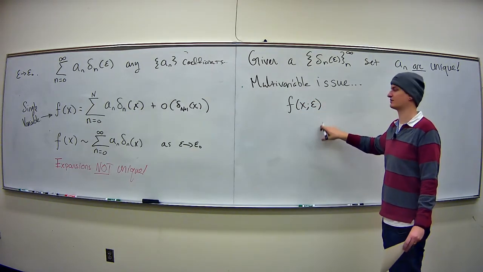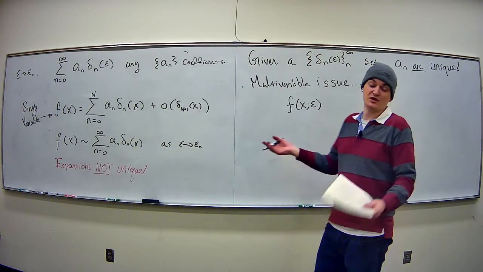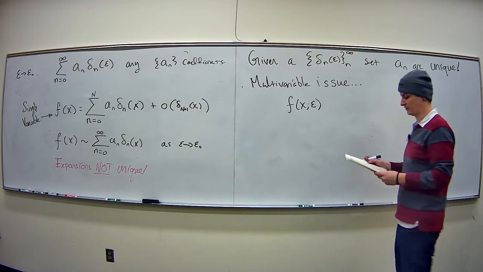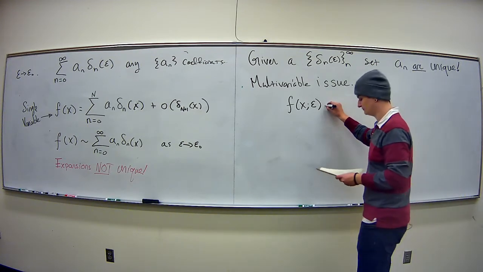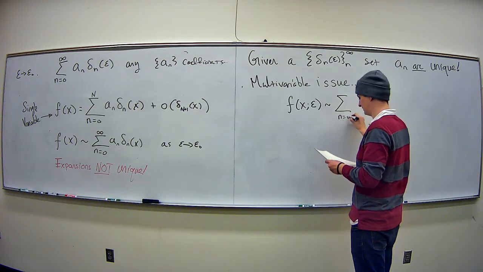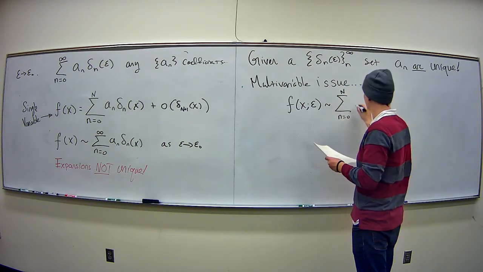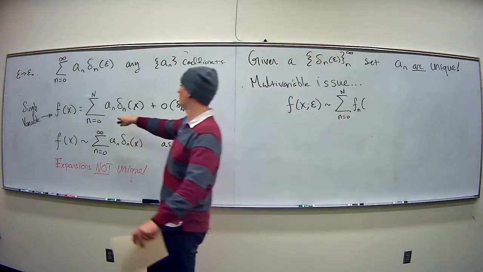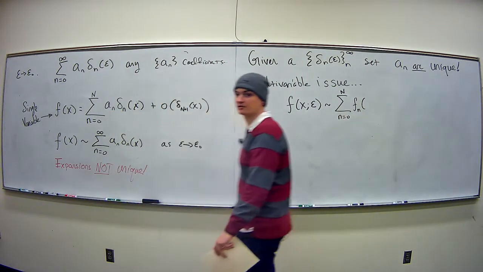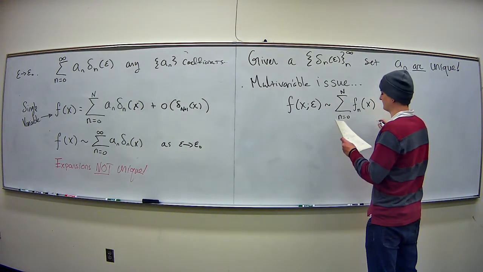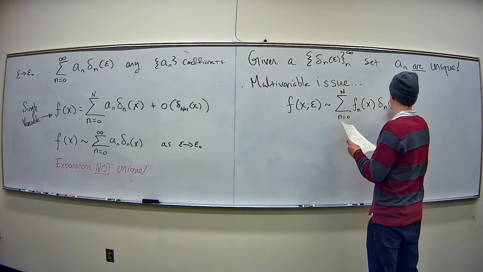I say parameter, so I put this semicolon, but really you could think of it as just some two-variable expansion. This then looks like this. Now instead of coefficient values or scalar values, you get this situation where they themselves are functions.